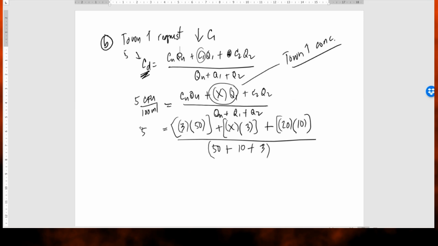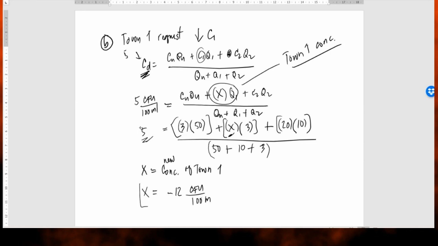So now we have X here, so we have to solve for X. By rearranging the equation, we should be able to solve for X. X is basically the new concentration of town 1 so that it will meet the 5 CFU per 100 mL standard. So what is X? The answer is negative 12 CFU per 100 mL.